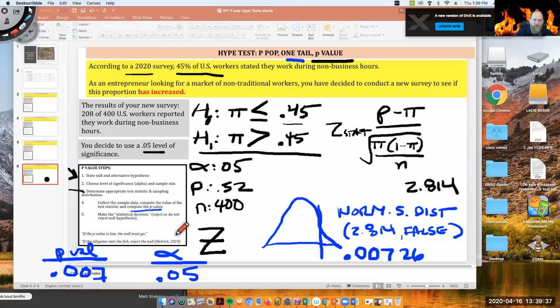Whichever phrase works for it. If the p-value is lower than the level of significance, we reject the null hypothesis. Or if the alligator eats the fish, which it's going to because it's bigger, we reject the null hypothesis. Either way, we reject the null hypothesis.